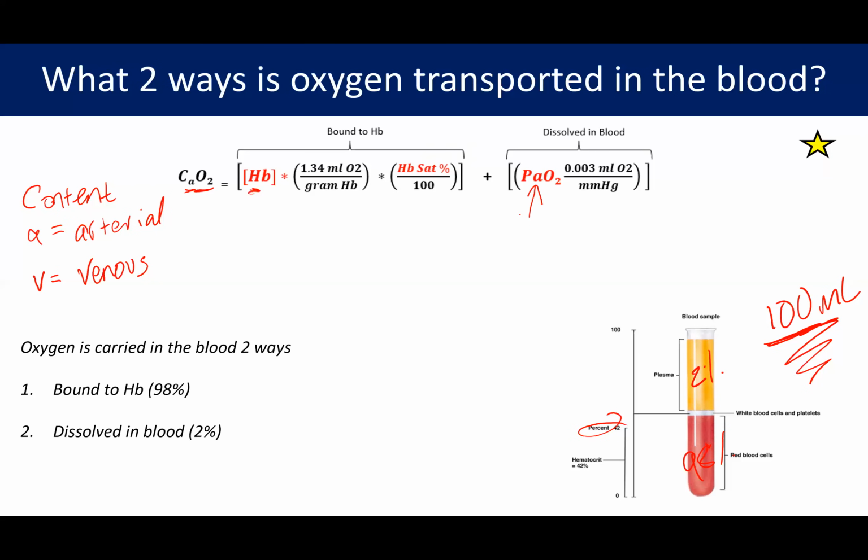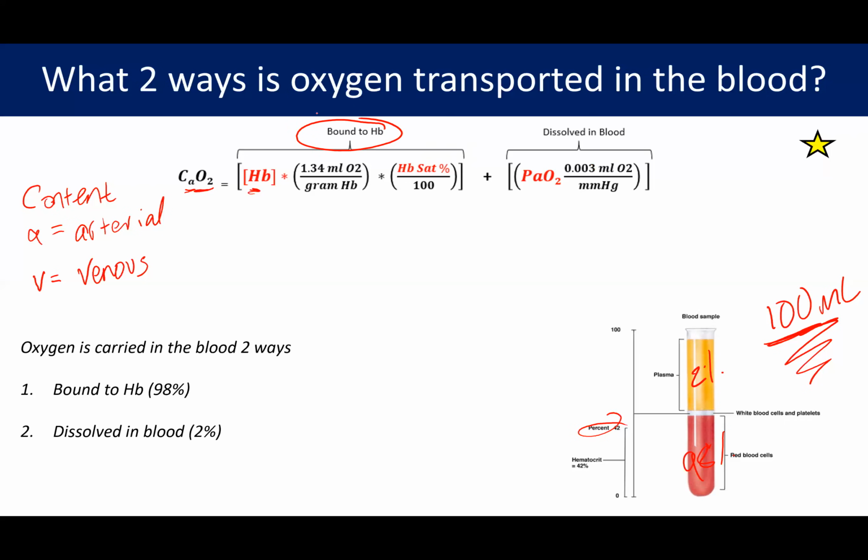Let's say it's 100, so we would just do 100 times that, and it's going to end up being like 0.3 milliliters of oxygen dissolved in that 100 mils of blood. Not a whole lot. So the vast majority of our oxygen is going to be transported by being bound to hemoglobin.